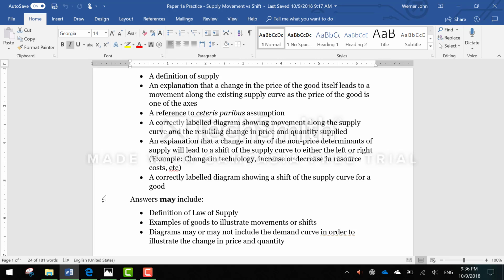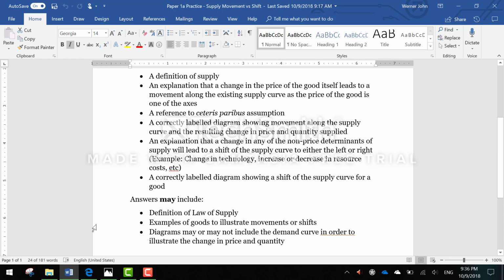So rather than saying a good or a product, you give some specific examples of products that operate under the law of supply, which would be probably almost every product. And then lastly, in the may include, the demand curve can be included in your diagrams so as to show a change in equilibrium price and quantity, although that's not 100% necessary.